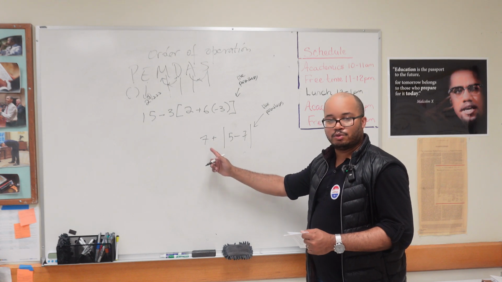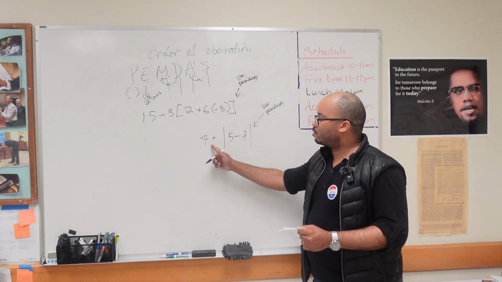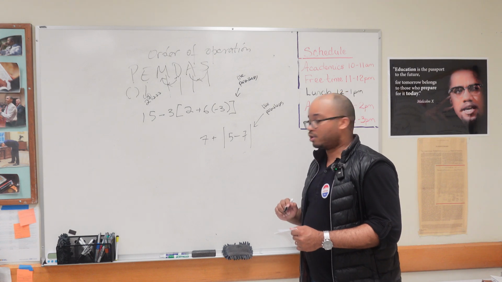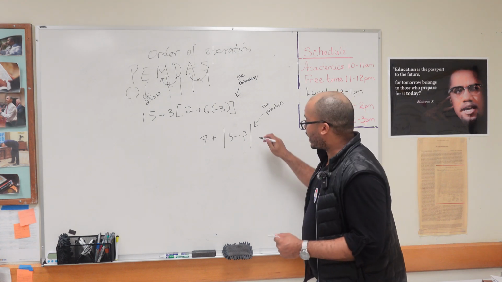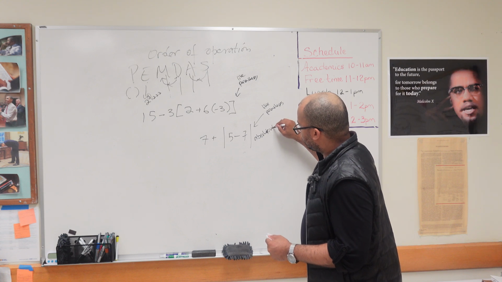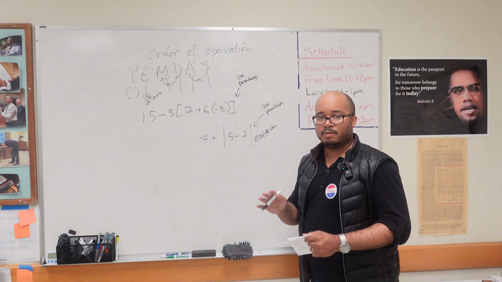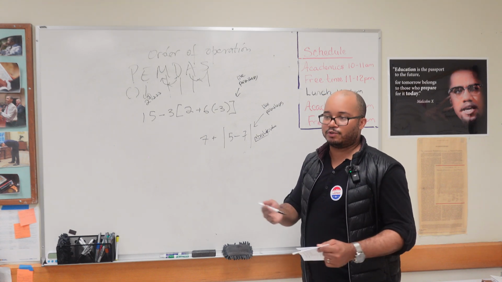So I couldn't just do 7 plus 5 because maybe I think, oh, that's not a parenthesis, so I'll just do 7 plus 5 minus 7. No. This is called the absolute value. We'll go over this later, it's a different topic. But it's also something you first see in middle school.